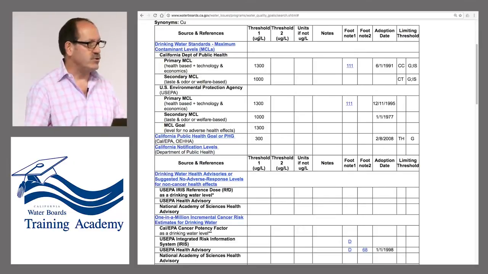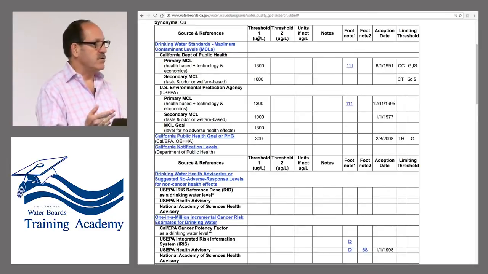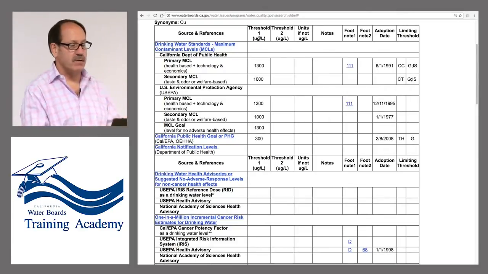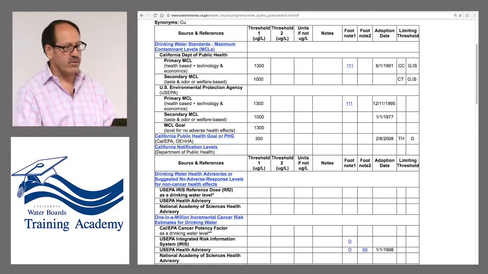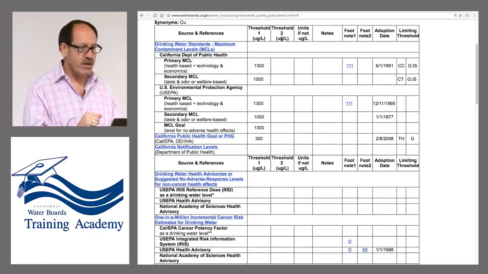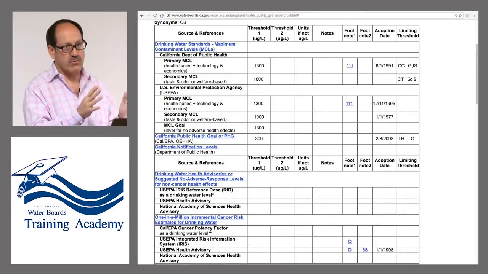The reason I have two columns is sometimes there's a number on the books, and the organization that's being referenced publishes a draft new number for public comment. So you'll see one number in threshold 1, another in threshold 2, and there'll be a footnote that tells you what the difference is between those two numbers. Okay? Or you might have two toxicology thresholds, one for adults and one for children.